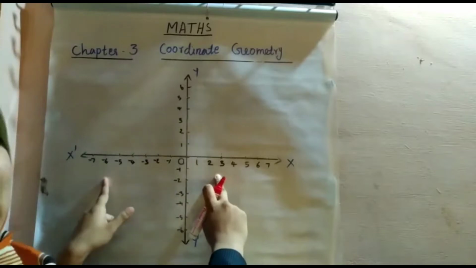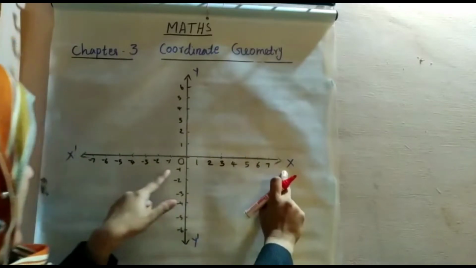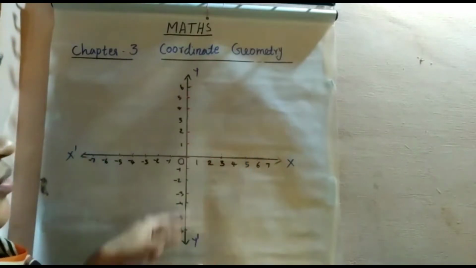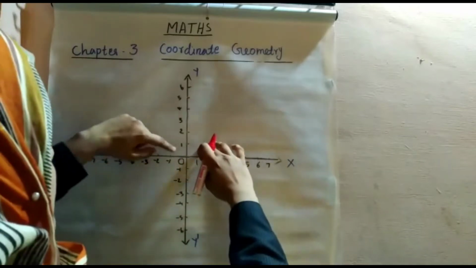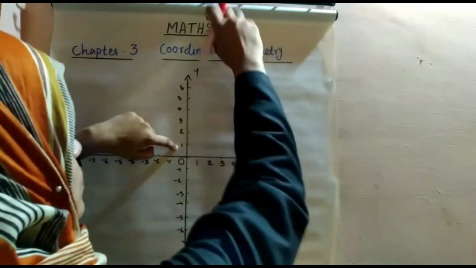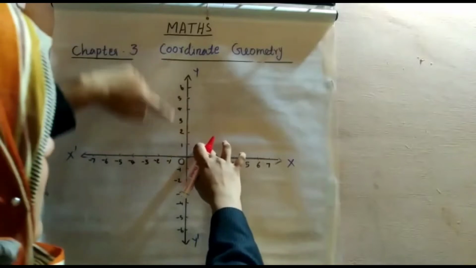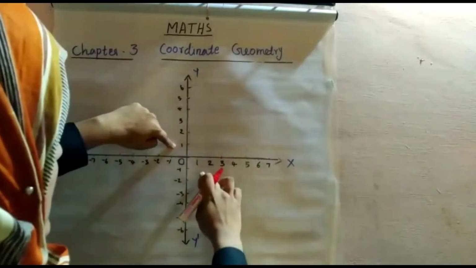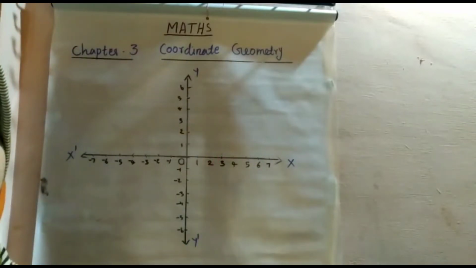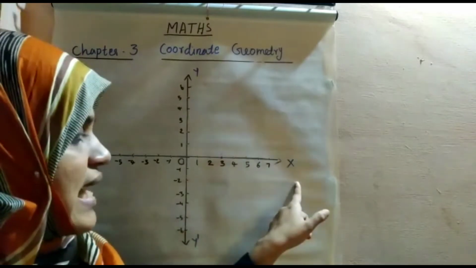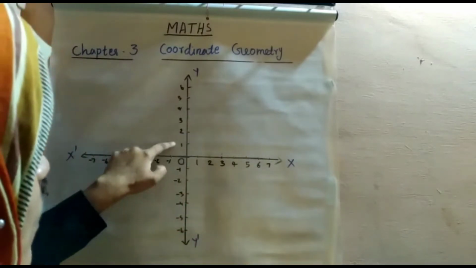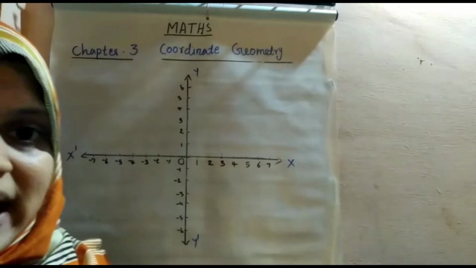So positive x-axis, negative x-axis. For the y-axis also, from the origin in the upward direction are positive numbers, this is the positive y-axis, and here the negative y-axis. So positive x-axis, negative x-axis, positive y-axis, negative y-axis.